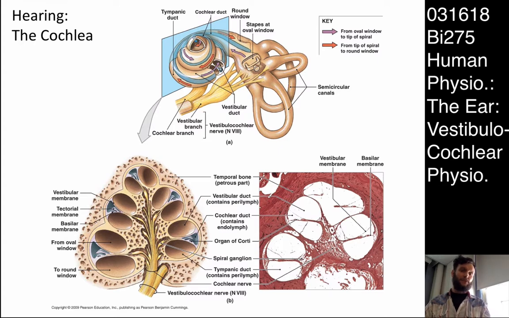It's part of the organ of Corti, as we'll see in a moment, and it comes into contact with the hair cells. So we'll see that in the next slide.